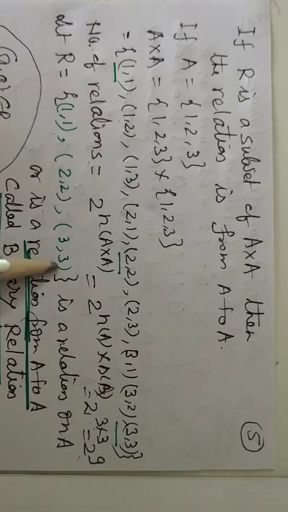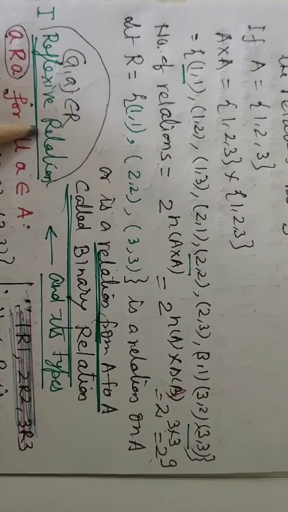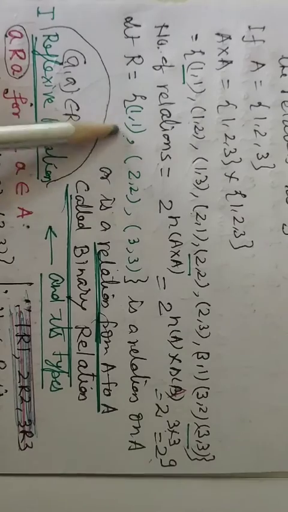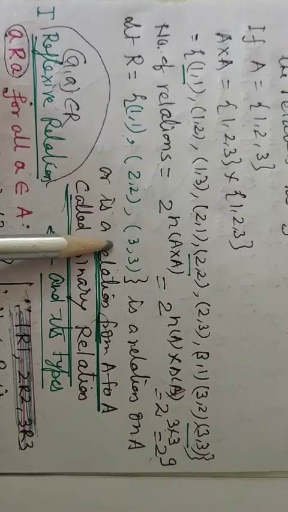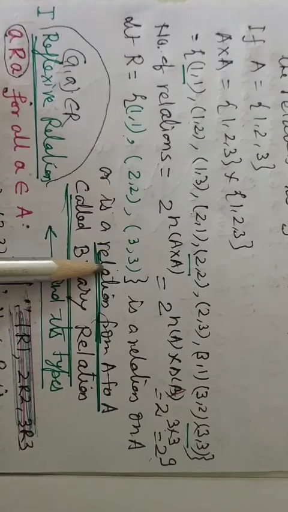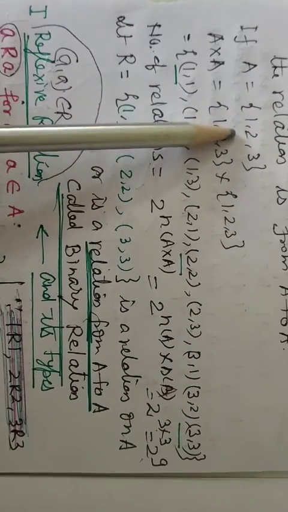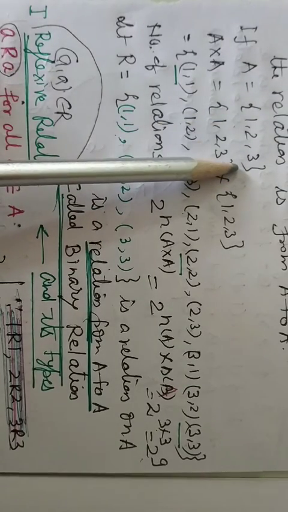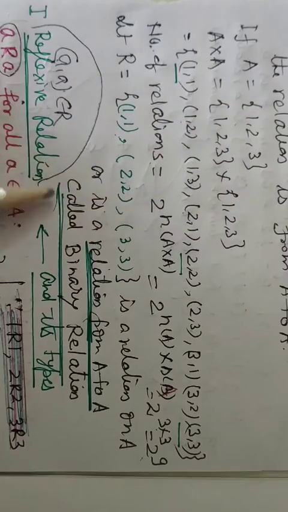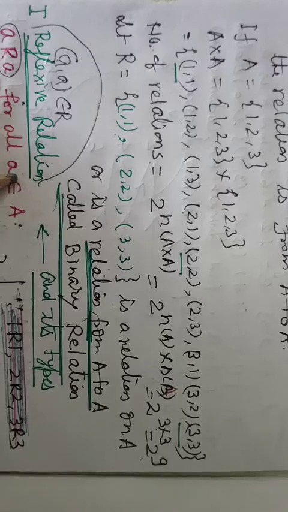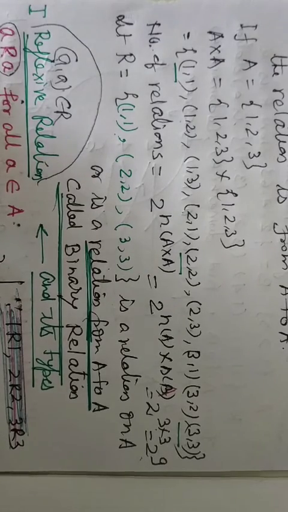So this type of relation where doublets are collected is called a reflexive relation. If you are collecting doublets 1 1, 2 2, 3 3, 4 4 is not possible because in set A, 1 2 3 are the only elements, so we can never get 4 4. So the collection of all doublets is called a reflexive relation.